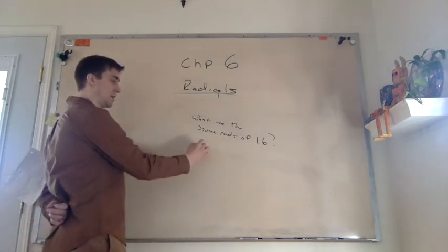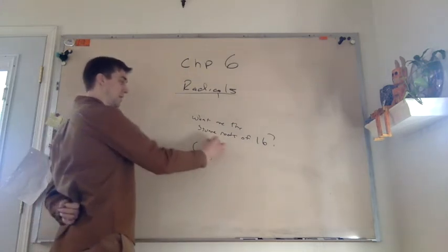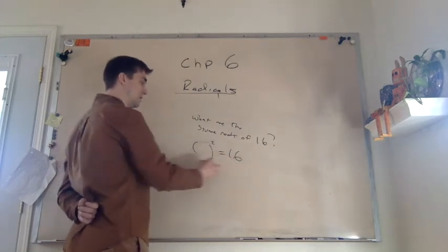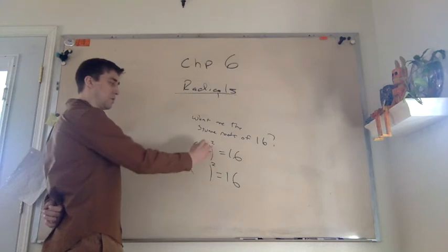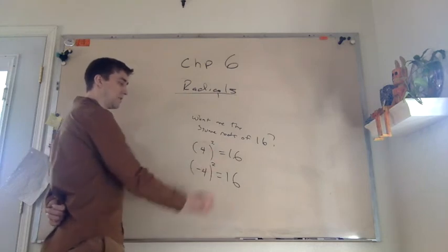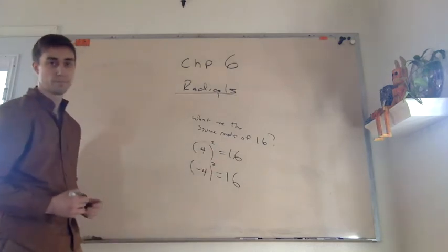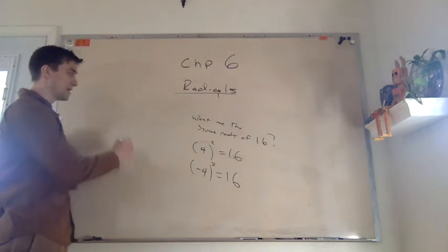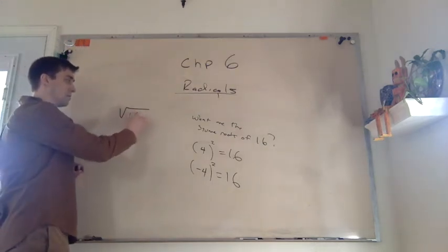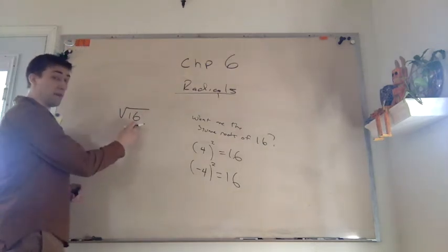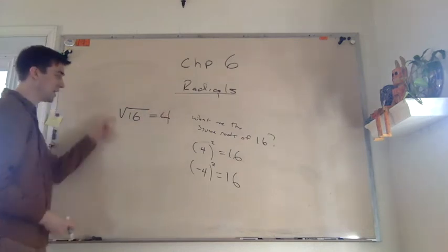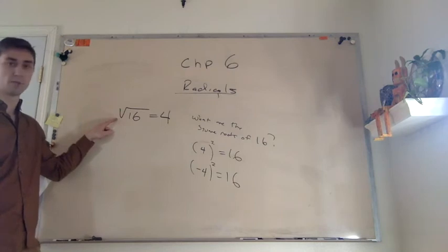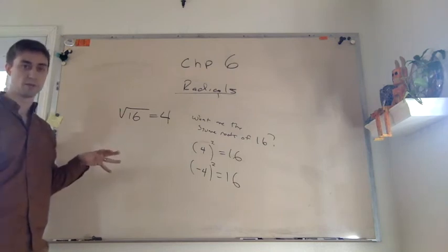You would just ask, what can you raise to the second power to get 16? There are always going to be 2 things. One of those things is 4, the other one is negative 4. But if you were asked to simplify the square root of 16, that is only 4, because this symbol means the principal square root, which is just the positive version.